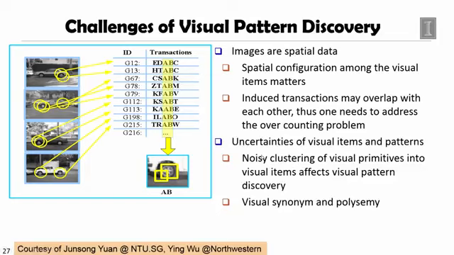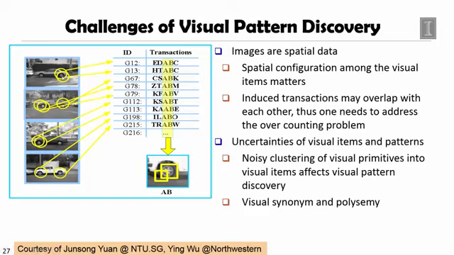Another problem encountered in visual pattern discovery is the uncertainty problem, because those wheels can be partially occluded by other objects or mixed with other objects, and you may have lots of noise. Some features you may not be able to detect. Another is the visual synonym and polysemy problem.